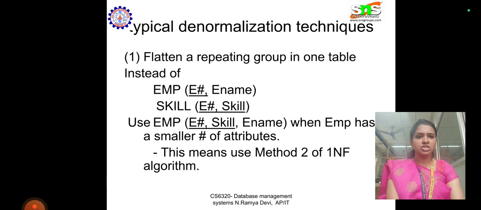Typical denormalization techniques. There are many typical denormalization techniques. The first technique is to flatten a repeating group in one table: instead of employee, employee number, employee name, skill, employee number, skill, we can use employee, employee number, skill, and employee name, when the employee has a smaller number of attributes. This means using method 2 of the first normal form algorithm.